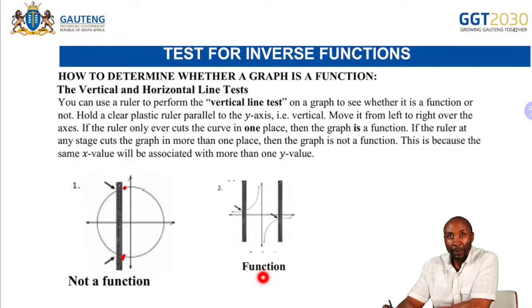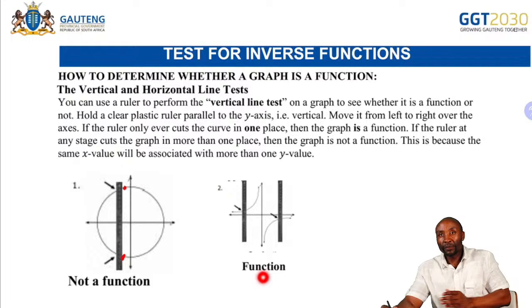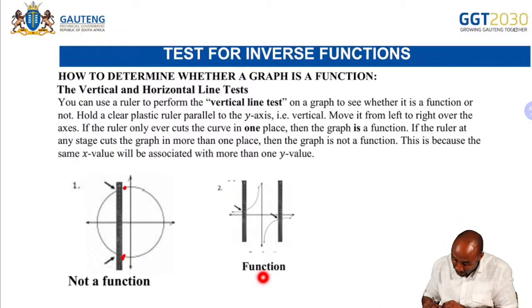Let's look at a hyperbola as an example. A hyperbola is a function, as you can see. As you move from left to right, the ruler can only intersect that part of the hyperbola at any given time, and it cannot intersect two points.